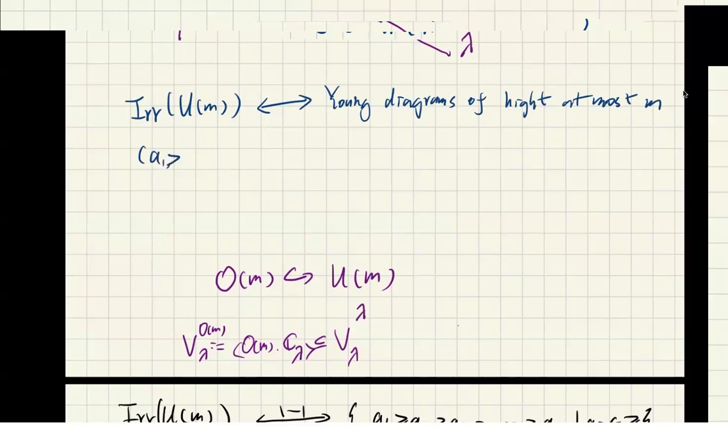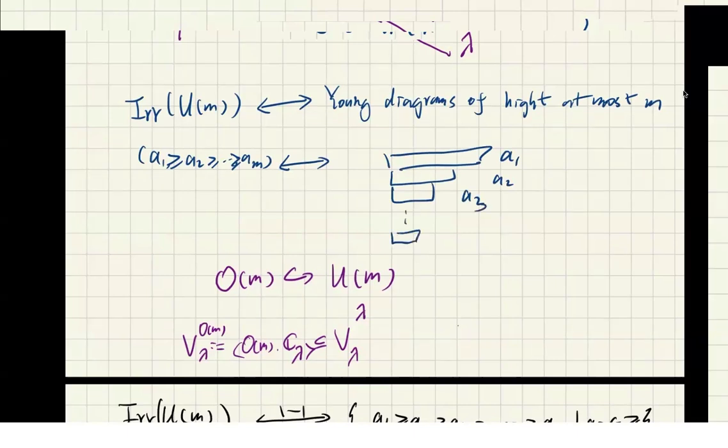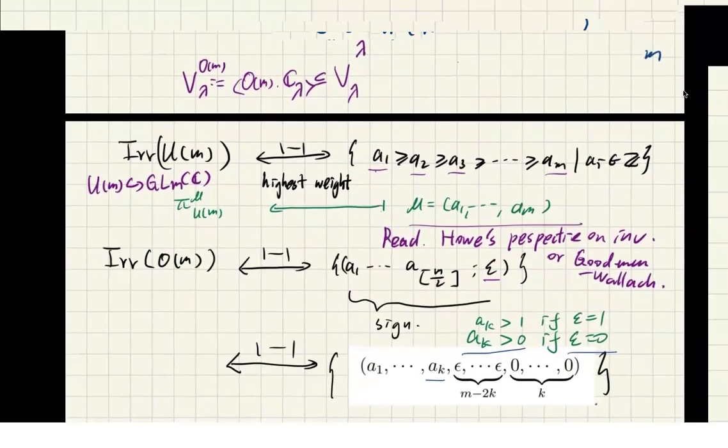This is A1 bigger than A2 bigger than or equal to AM. This will correspond to a Young diagram with the first row has length A1, second row has length A2, third row has length A3, and the row length can be 0. The last row has a length AM. Okay, so what is this condition?